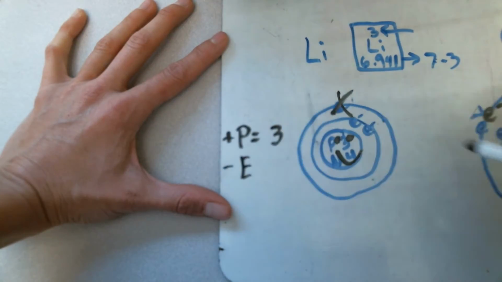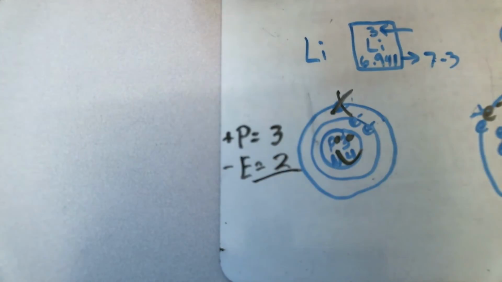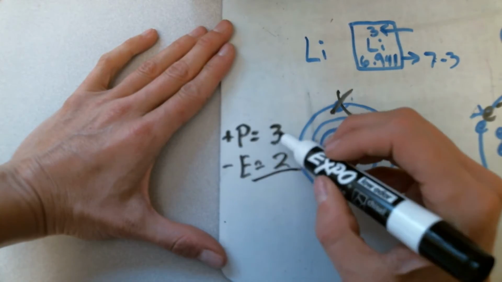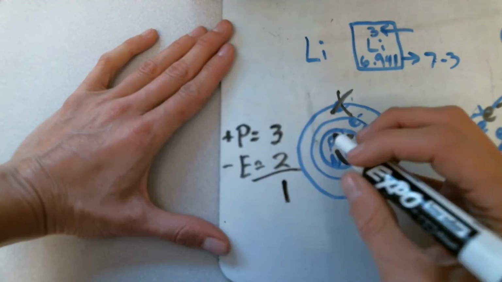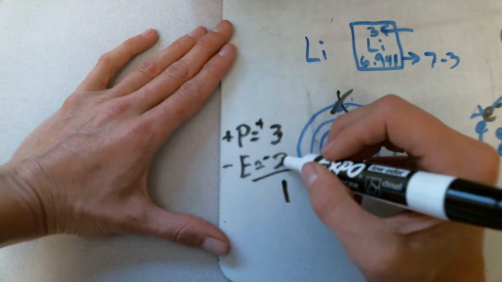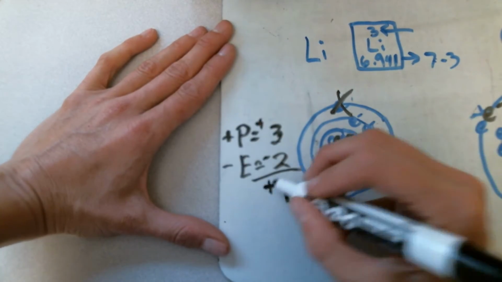Electrons have a negative charge, and we have 2 electrons here. So if we look at the charges here, 3 positive and 2 negative gives us positive 1. Okay, so we're looking at signs here. Positive 3 plus negative 2 gives us 1. So we have a plus 1 charge over here.